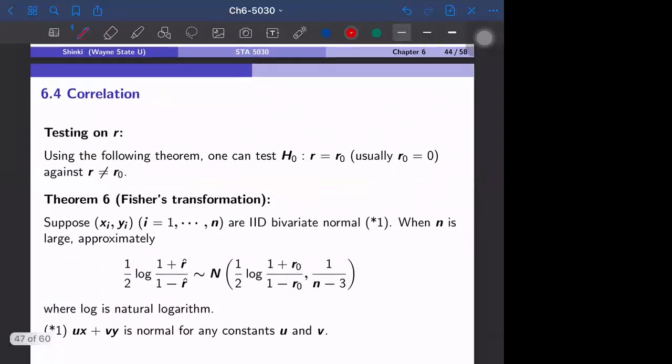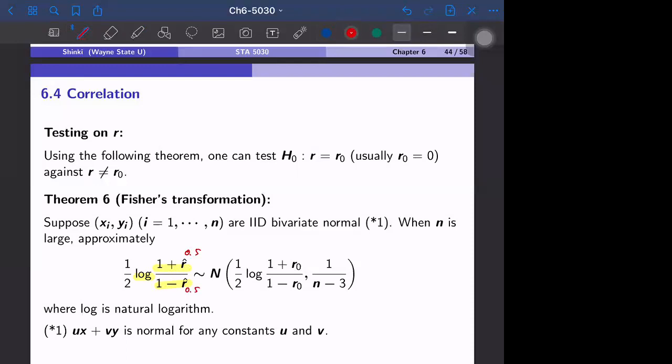So we want to do a test, and often Fisher's transformation is used for the test. This is anyway an approximation, so we don't have a very rigorous theory behind it. By some approximation, 1/2 times the log of 1 plus r hat over 1 minus r hat, where this is the natural logarithm, follows a normal distribution. For example, if the correlation coefficient is 0.5, that means 1/2 times log of 3.